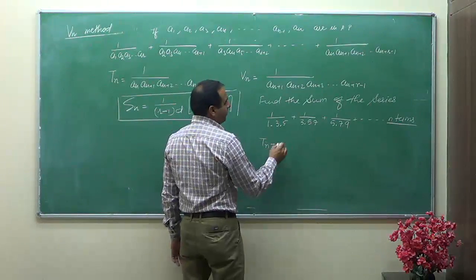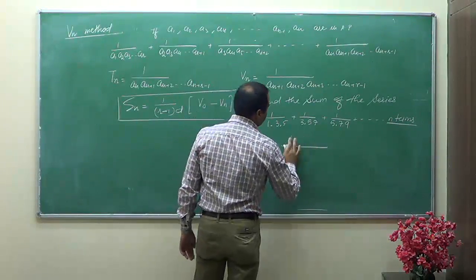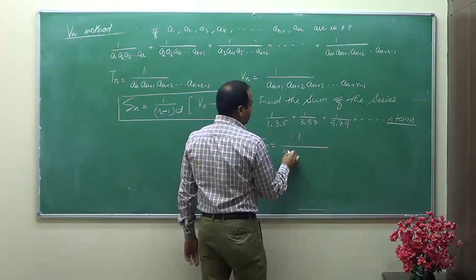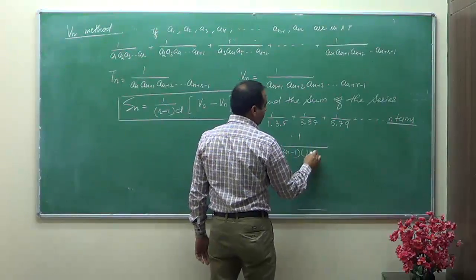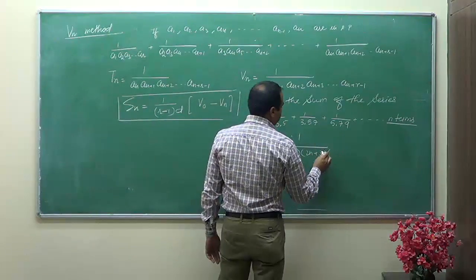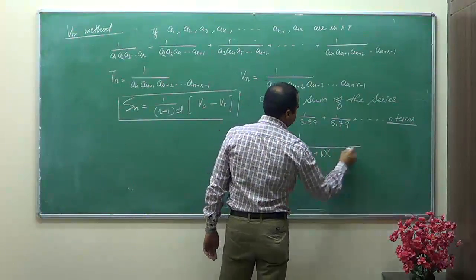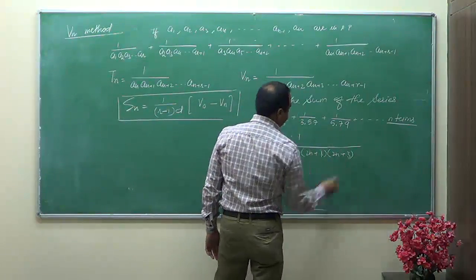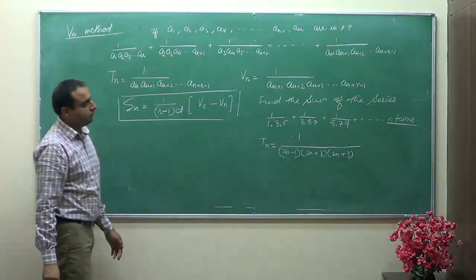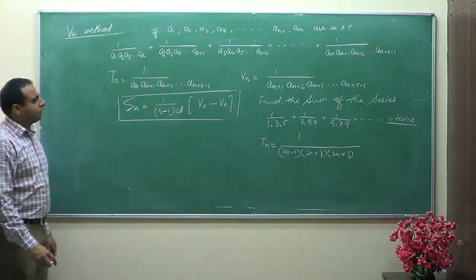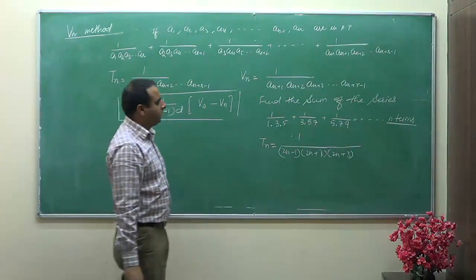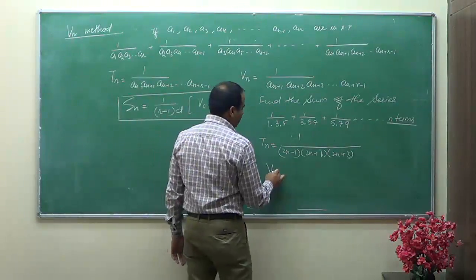So what is Tn? Tn is equal to 1 over 2n minus 1 into 2n plus 1 into 2n plus 3.